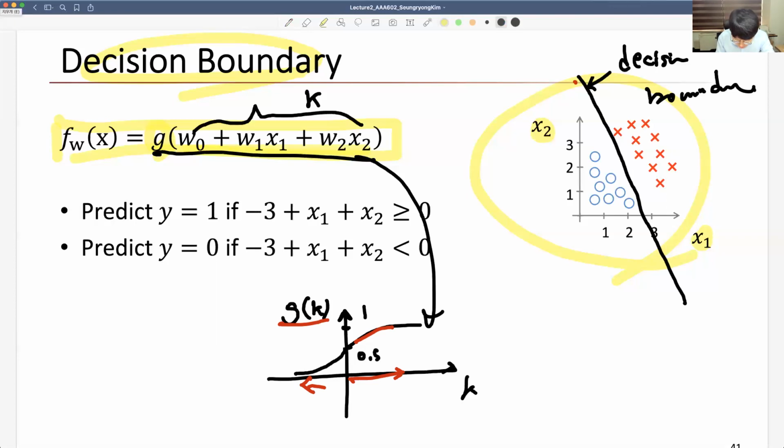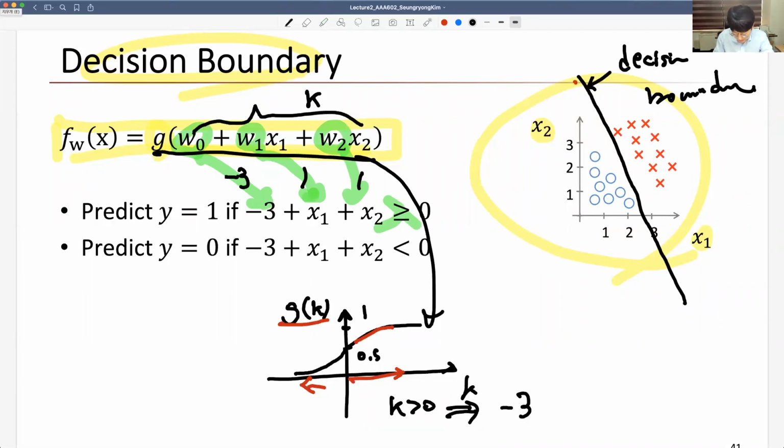So in other words, if the optimal parameter W0 is equal to -3, W1 is equal to 1, W2 is equal to 1 as well, K larger than 0 will be -3 plus x1 plus x2 is larger than 0, right?